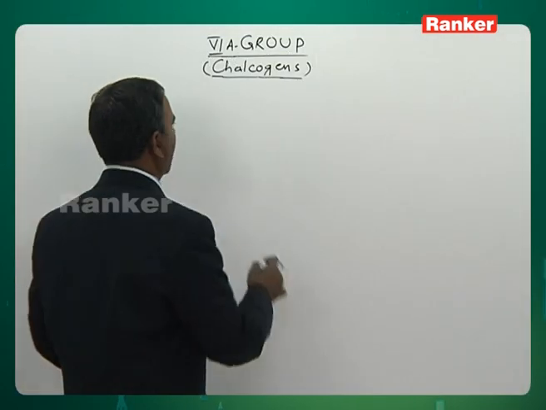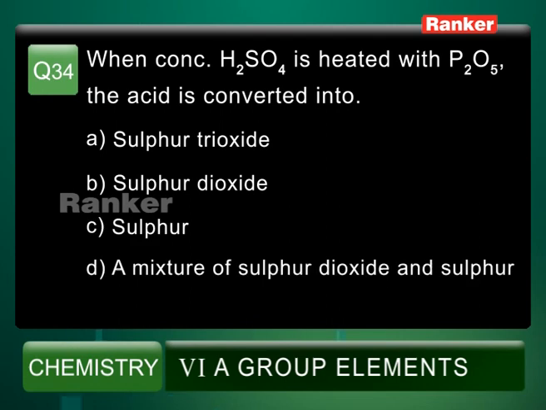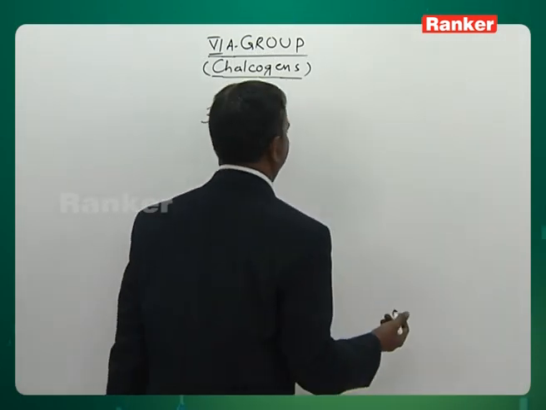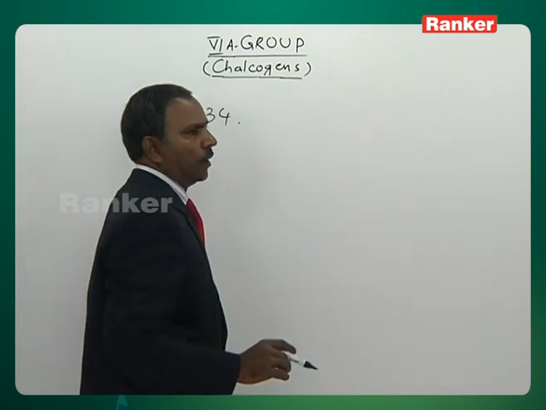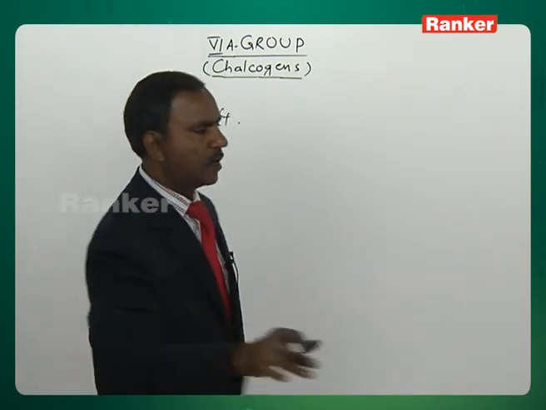Question number 34. When concentrated sulfuric acid is heated with P2O5, the acid is converted into: A, sulfur trioxide; B, sulfur dioxide; C, sulfur; D, a mixture of sulfur dioxide and sulfur trioxide. See now the reaction between sulfuric acid and P2O5. P2O5 is a strong dehydrating agent, it dehydrates sulfuric acid.